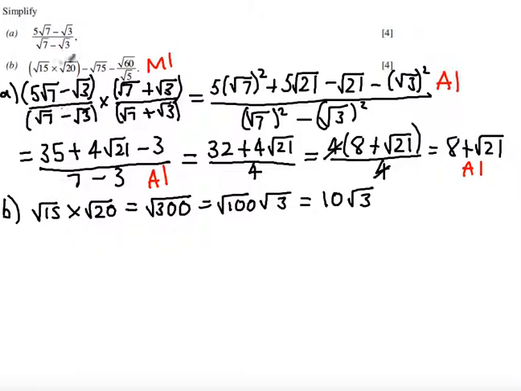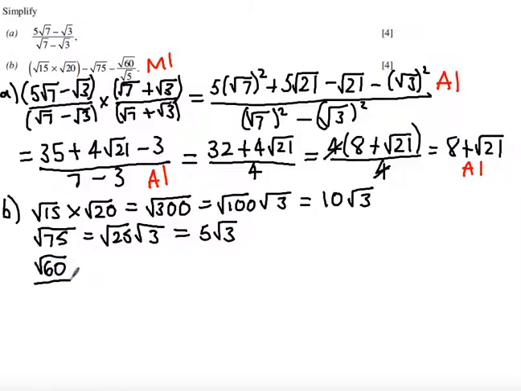Deal with the root 75. Square factors of 75 are 25, so I get root 25 times root 3, and so square root of 25 is 5, and we get 5 root 3. And finally, root 60 over root 5. Different ways you can do this depending on how you want to approach it.